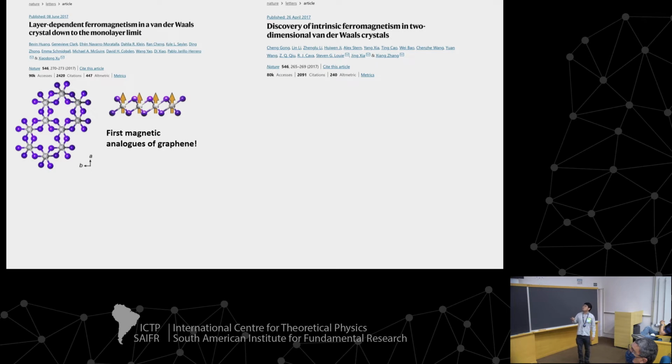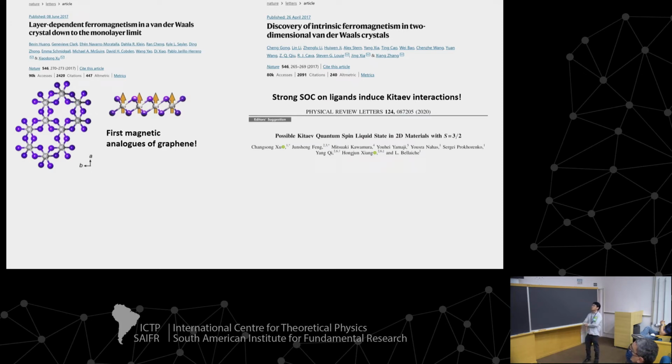You can see they present this ferromagnetic order out of plane. Now, when people try to make quantum chemistry computations of these materials to see what's the minimum model for them, they realize that the strong spin-orbit coupling on the ligands, not on the magnetic species, induces Kitaev interactions.